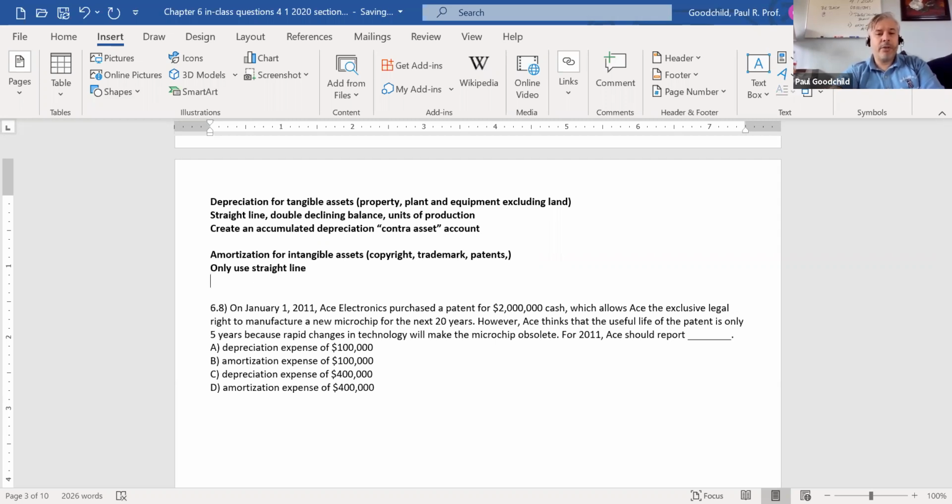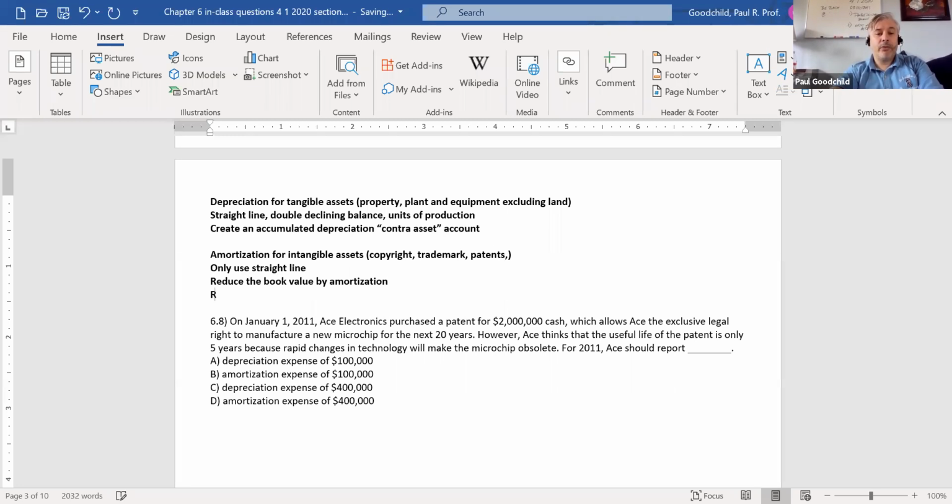And for intangible assets, we only use straight line, and we reduce the book value by amortization. And also remember, amortization is not cash. All right, so they don't affect the cash flow statement.